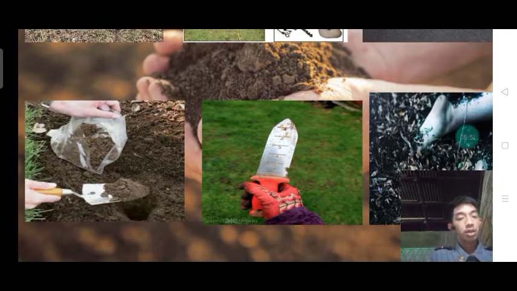Pag yung sample is na-collect natin sa labas, gagamit tayo ng teaspoon, and then kukuhanin natin yung soil, and then ipi-place natin ito to the plastic bag, gaya po nito. Pangatlo is pag yung soil sample is nakita natin sa tools na ginamit, iwa-wrap natin ito in a plastic, and then isi-send natin ito for laboratory testing.